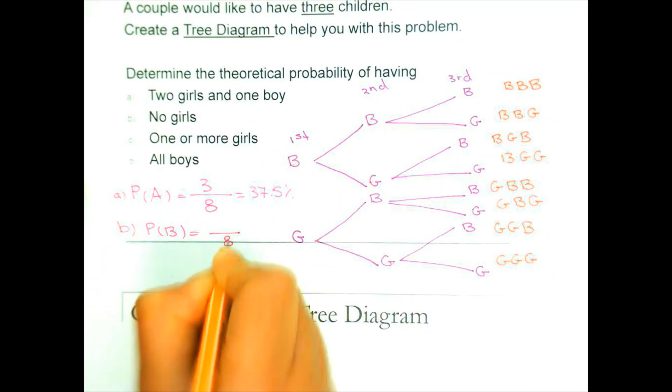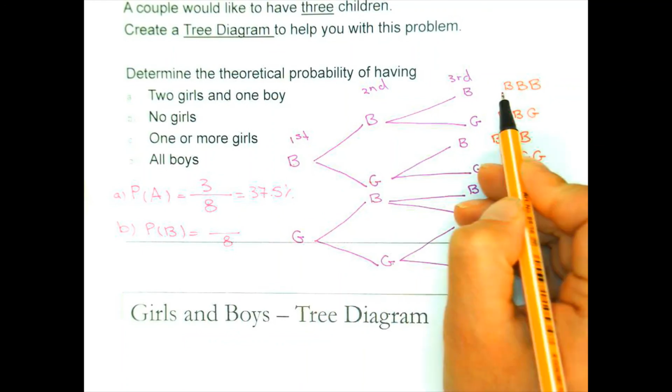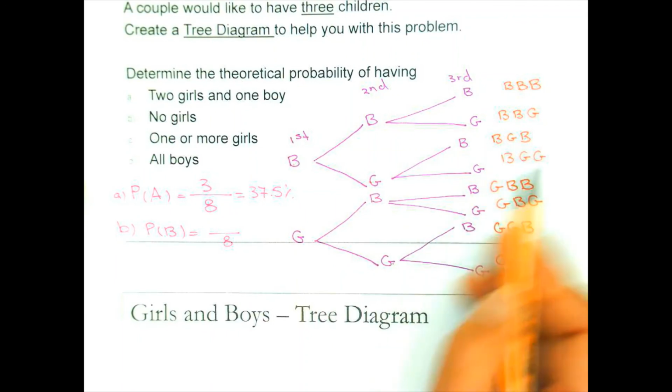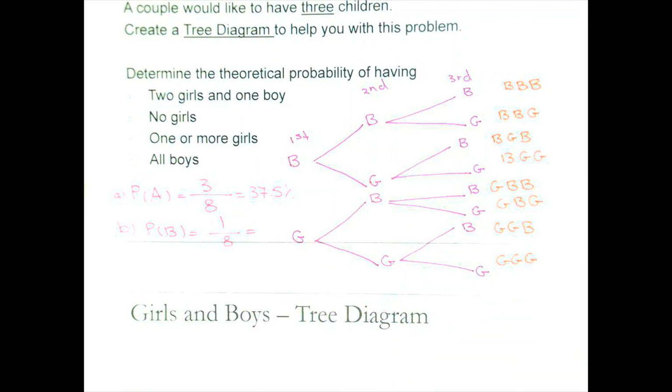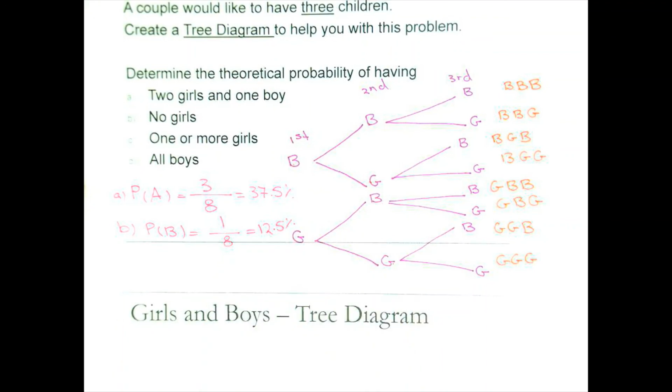Out of 8, the only choice where there is no girl is when they have 3 boys. So 1 of them. In all the others, there is at least 1 girl. So it's going to be 1 divided by 8, 12.5%.